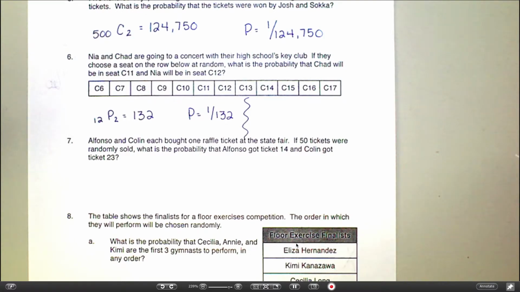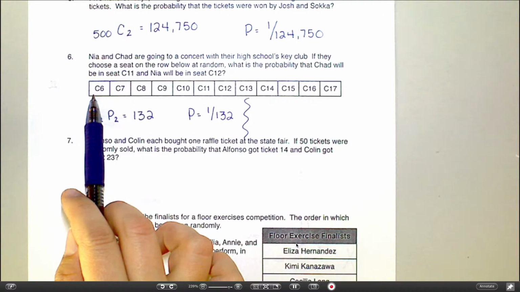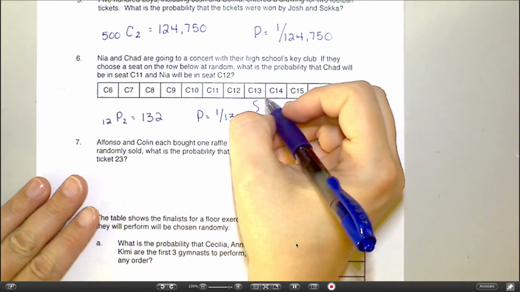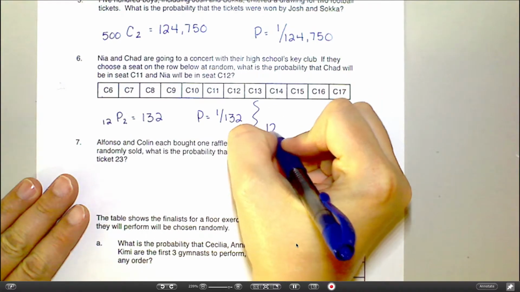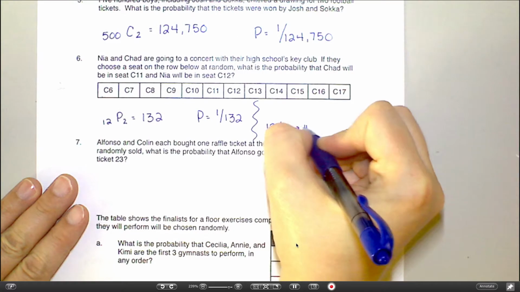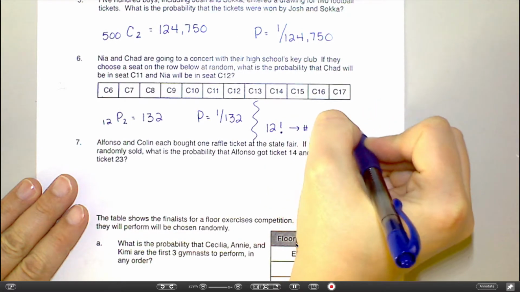If I were arranging all 12 students, how many students are there that could go here? 12, and then 11, and then 10, right? So that would be 12 factorial. Okay, 12 factorial gives me the number of ways that I could arrange all 12 students.